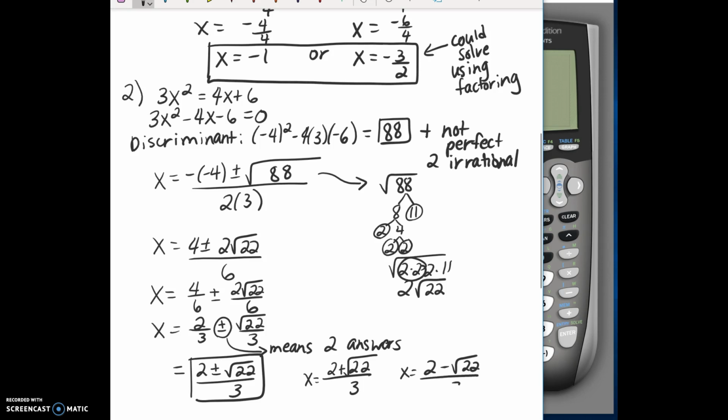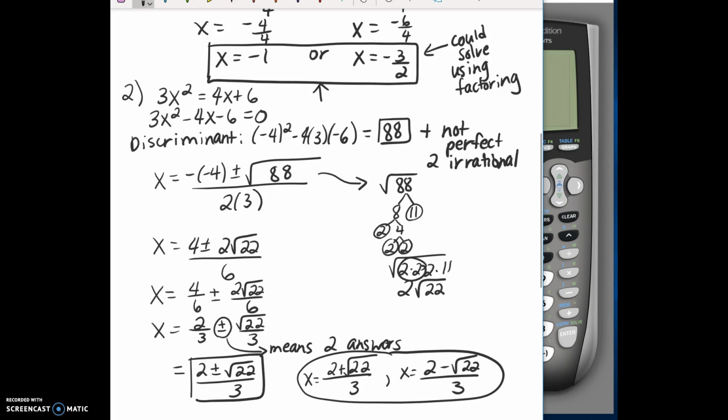We are going to leave it in the radical format. So this is just an alternative way to write it, just like we had the two solutions up here. The plus or minus is fine to leave it that way, but it's just showing you that really there are two answers, one with a positive and one with a negative.